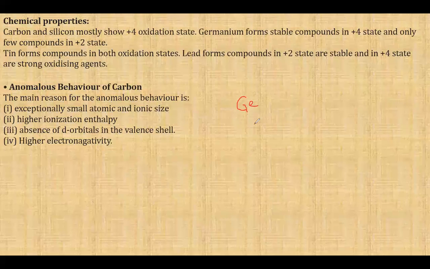Next, germanium, tin and lead in +2 and +4 oxidation states. The order is Ge2+ is less stable than Sn2+, which is less stable than Pb2+.